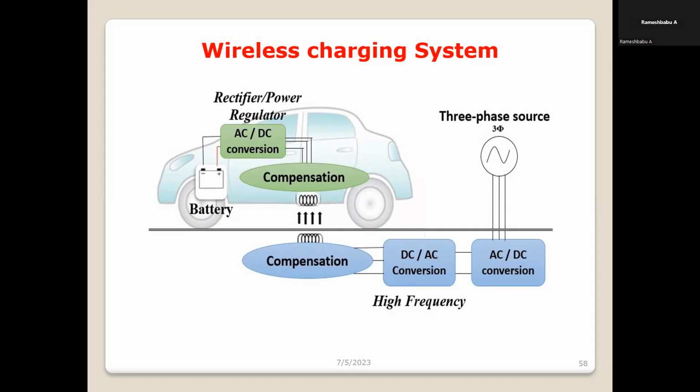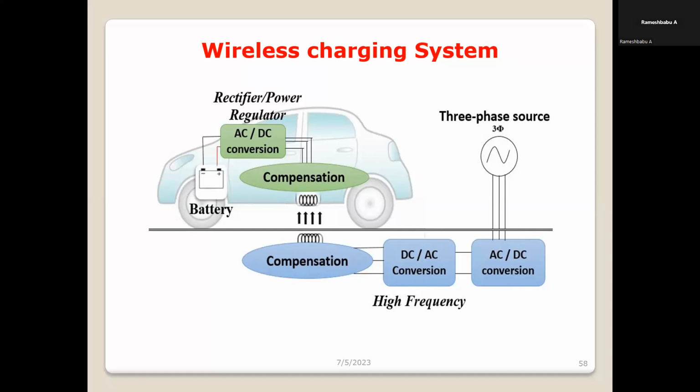So in the block diagram, the 220 volt, 50 hertz AC supply is converted into high frequency alternating current and supplied to the transmitter coil, which creates an alternating magnetic field that cuts the receiver coil and causes the production of AC power output in the receiver coil.